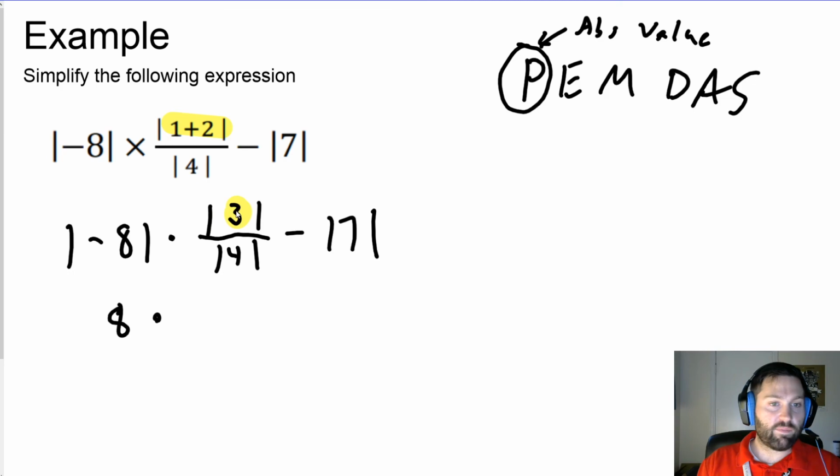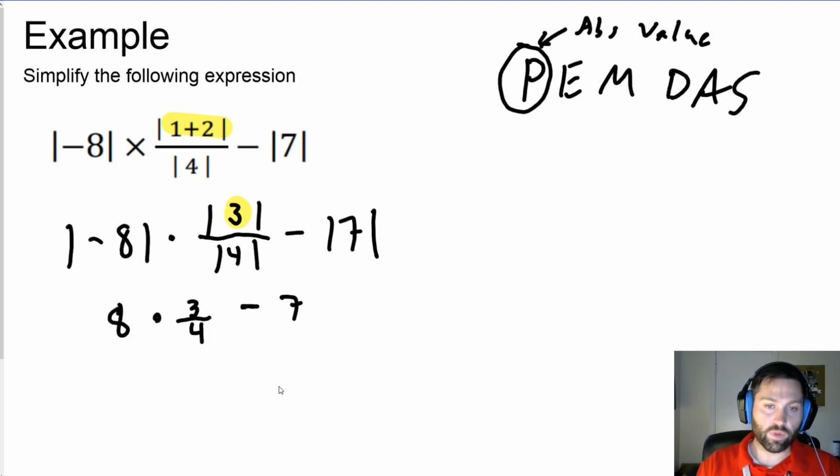So now I have 3 over 4, and I cannot simplify that, minus the absolute value of 7. And when I say 3 over 4, I had positive 3, positive 4. So those are going to stay positive 3 and positive 4 in the fraction. And the negative sign stays here because it is outside of the absolute value symbol for 7, so it stays there.